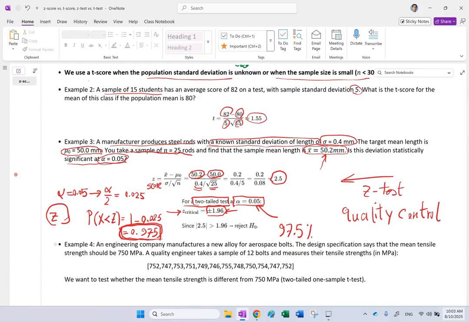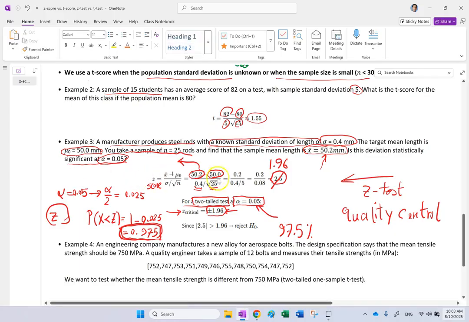The length of that, if I want, I can go ahead and plug in here. Instead of 2.5, I plug in 1.96, and I have this 0.4, this 25, 50, and from here I can find the length of the average of a sample of 25 that has basically 97.5% of the rods made shorter than that.